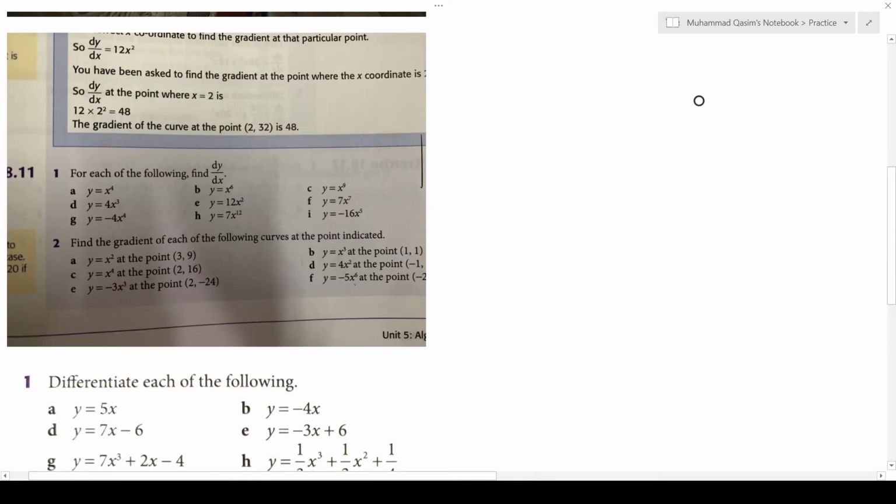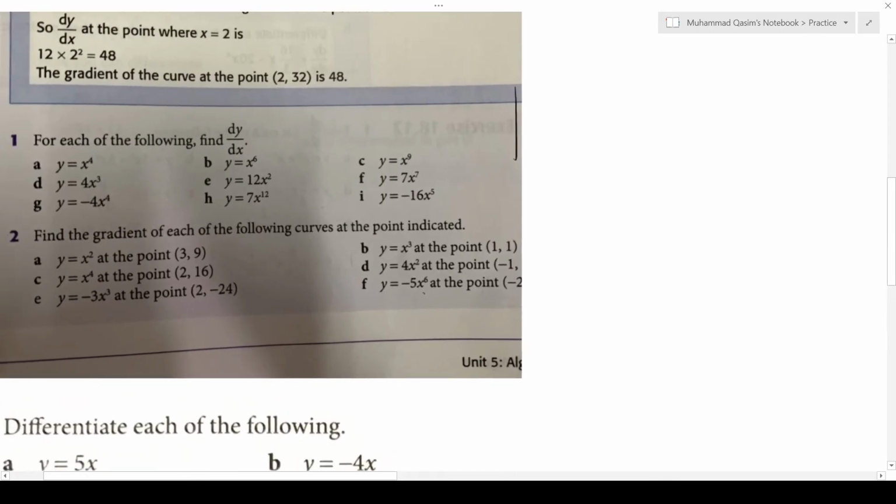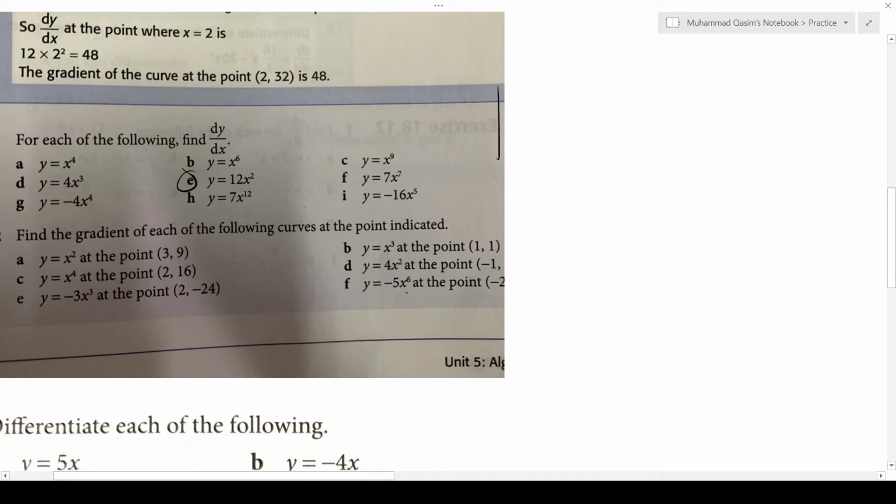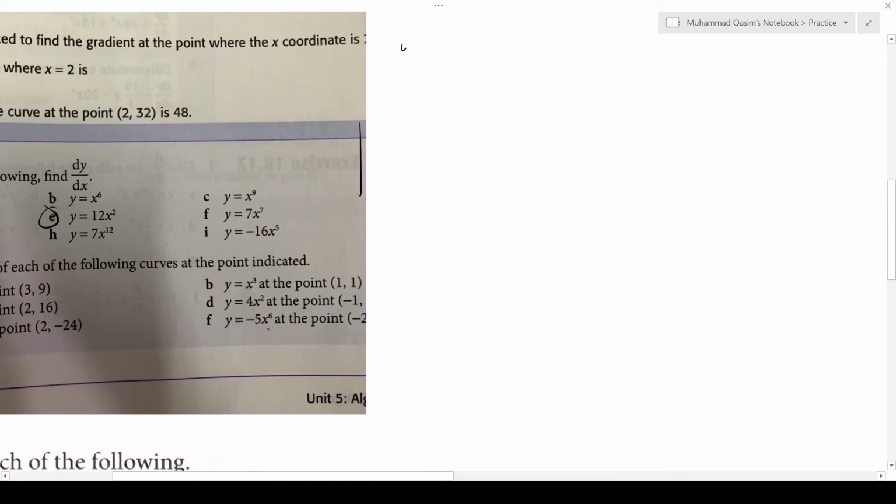Now, for example, let's pick a question from here. Let's do part E. Now, the question is y equals 12x squared. Now, dy by dx is going to be, by applying the general rule, let me put that rule down here. So for y equals ax to the power n, dy by dx is always going to be equal to n ax to the power n minus 1.